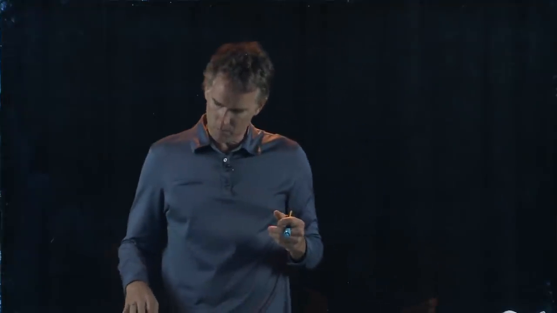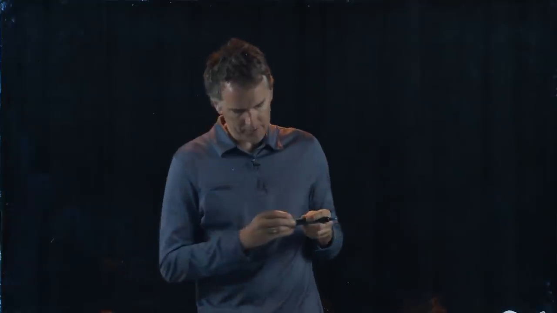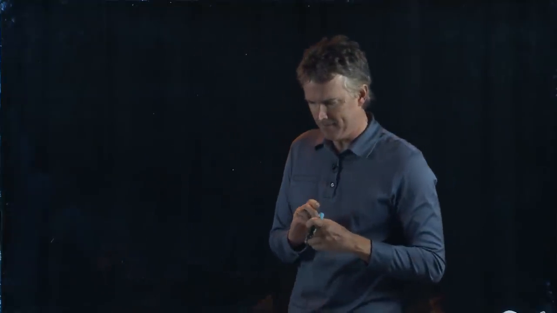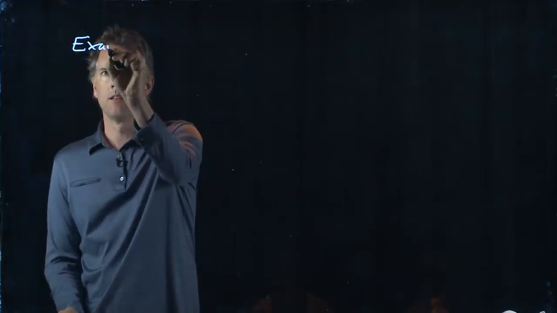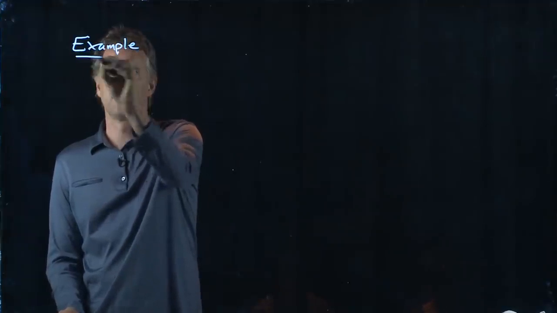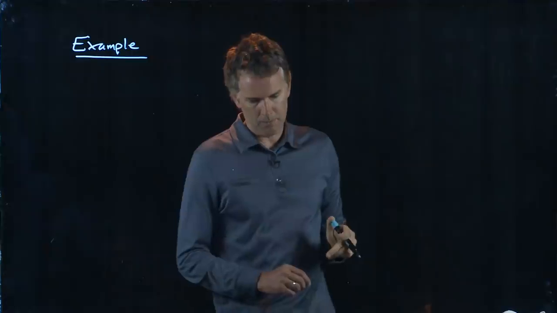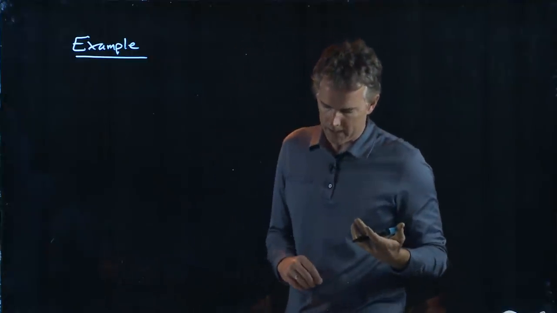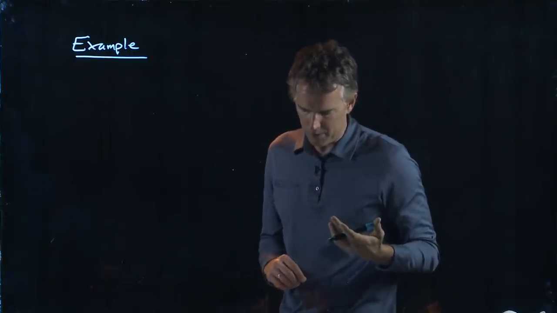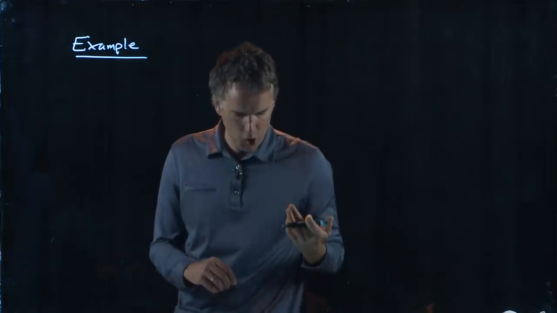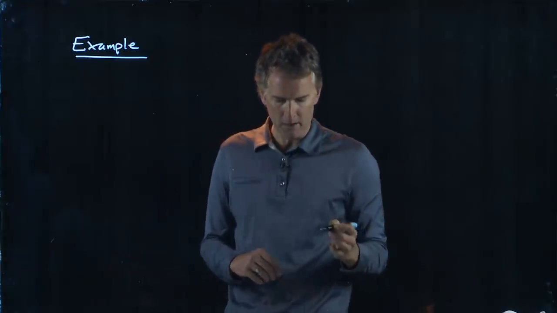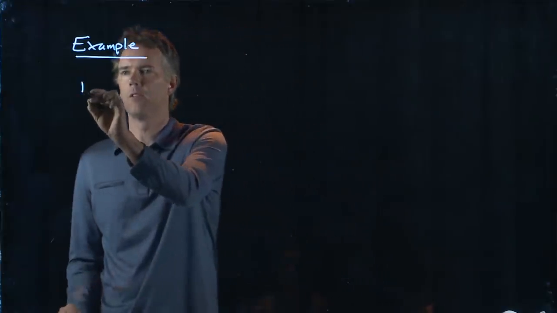Okay. Let's take a look at one of your homework problems from chapter 22. This is number 22.15. In this example, it says, what is the wavelength of a 25.75 times 10 to the 9 hertz radar signal in free space?